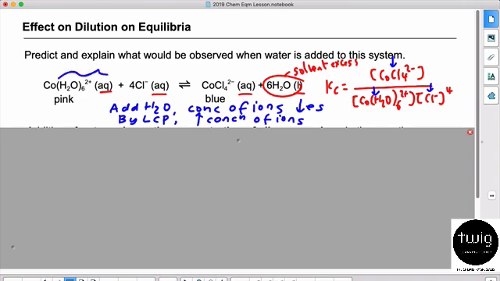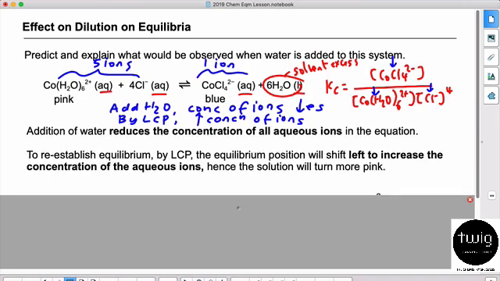How many ions are over here? 1 plus 4, so there are 5 ions. The other side only has 1 ion. Which means it must shift to the left, to the side with more ions, because I want to increase the concentration of ions. So maybe you can copy this down.